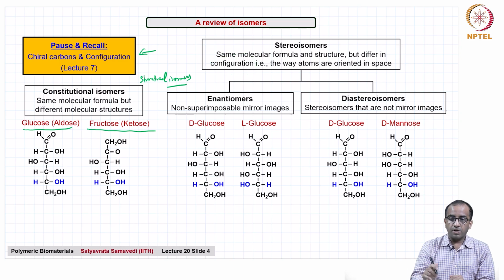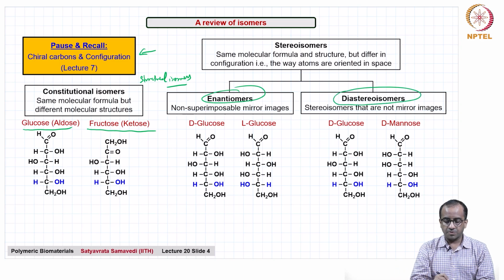So, under stereoisomers, you can have at least two types. One is enantiomers and the other is diastereoisomers. Enantiomers, like we just saw, are mirror images that are non-superimposable. So, D-glucose and L-glucose, where the whole molecule is reflected, would be what you would call enantiomers. Diastereoisomers are stereoisomers that are not mirror images of each other.